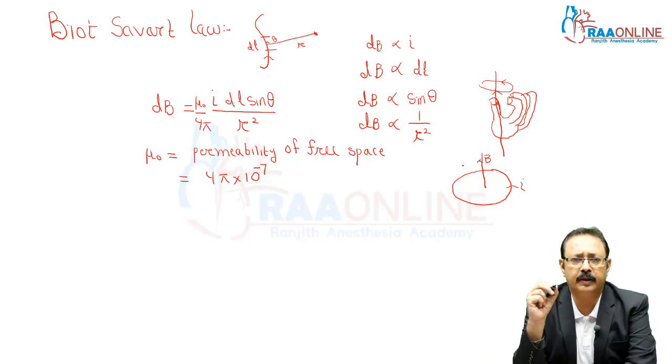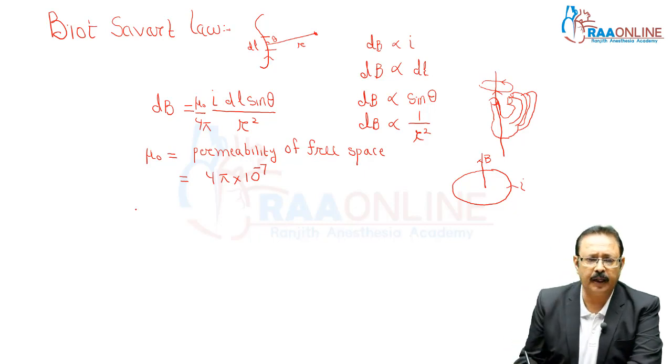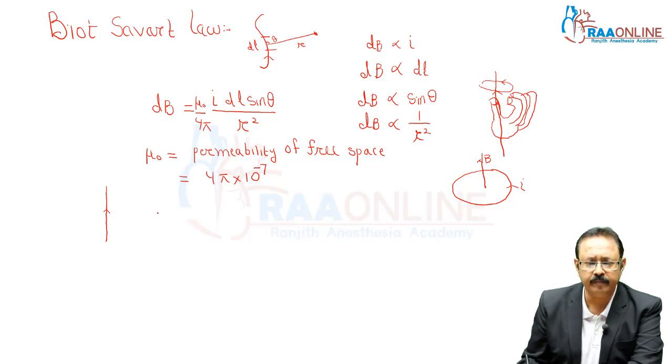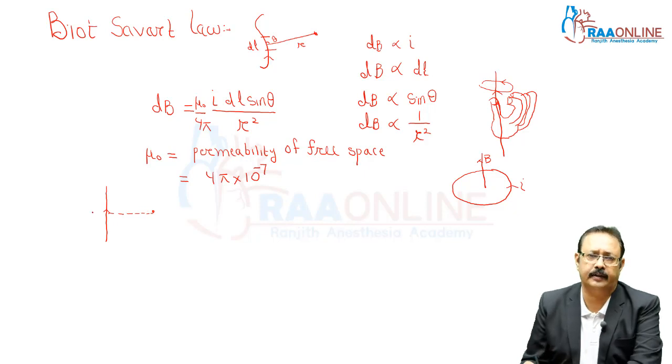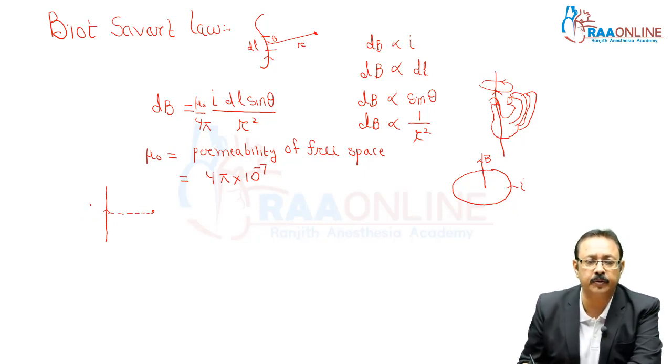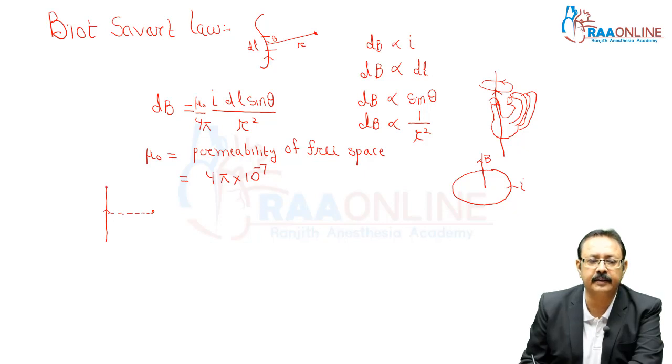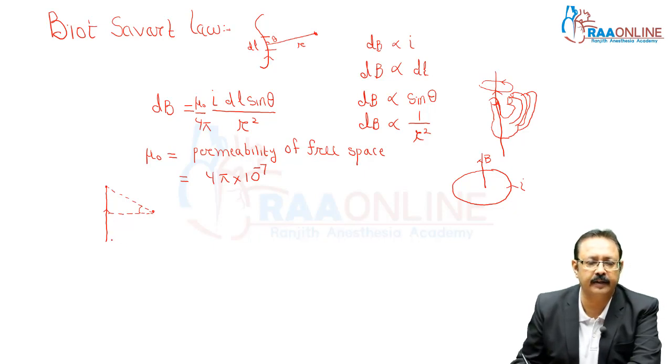What you did in your 12th class, you calculated magnetic field for some geometrical figures. If we have a conductor of finite length, you want to calculate magnetic field at this point. If the conductor is of finite length, it means you are able to see both the ends. It means these angles are known to you, this angle and this angle.